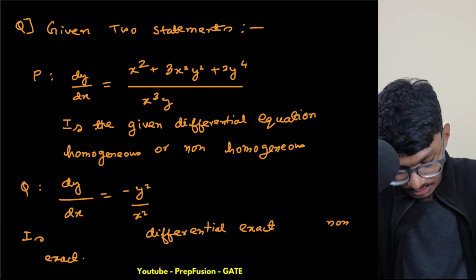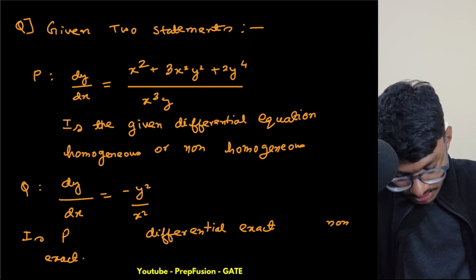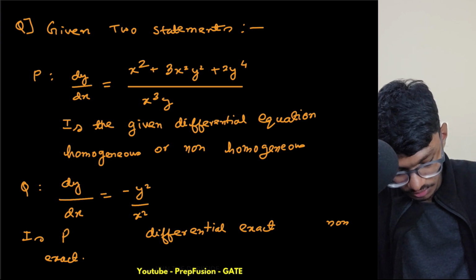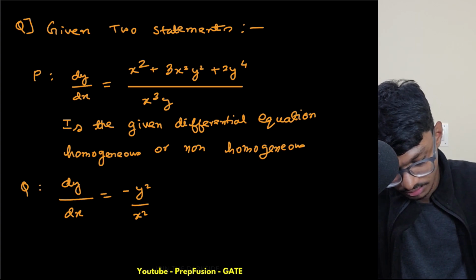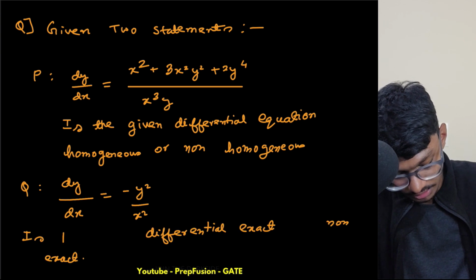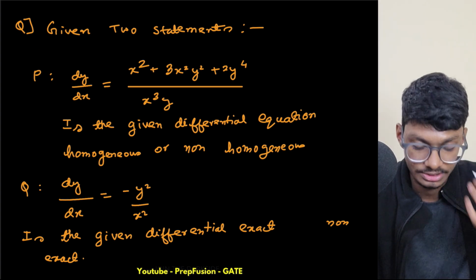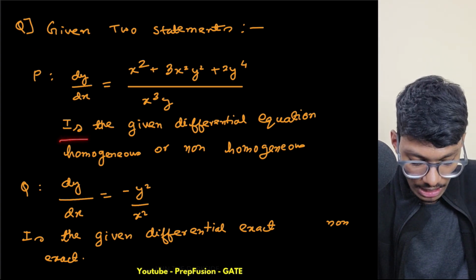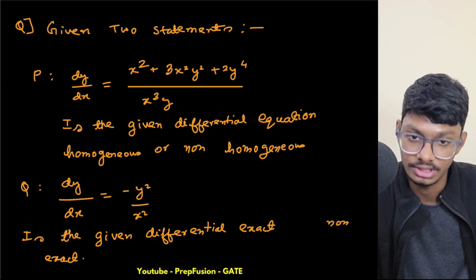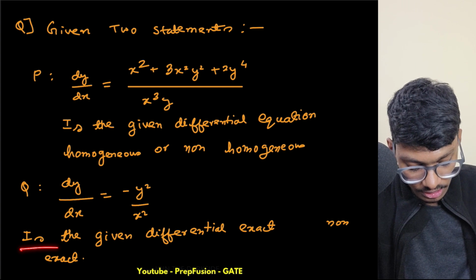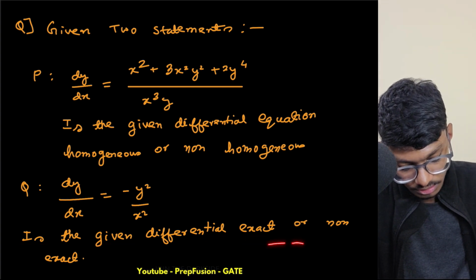They have asked us, is P homogeneous, sorry, I should have written this. Okay, that is correct. So what is the P statement? The P statement is, is the above given differential equation homogeneous or non-homogeneous? And what is the Q statement? The Q statement is, is the given differential equation exact or non-exact?